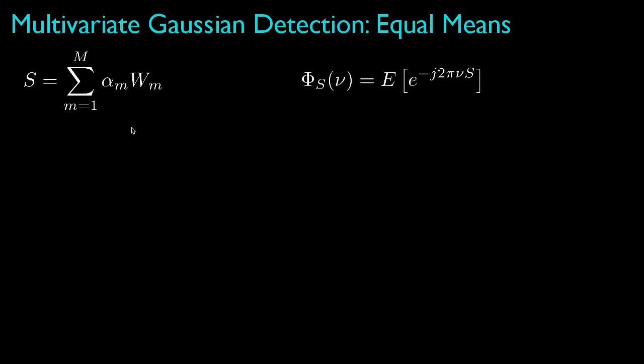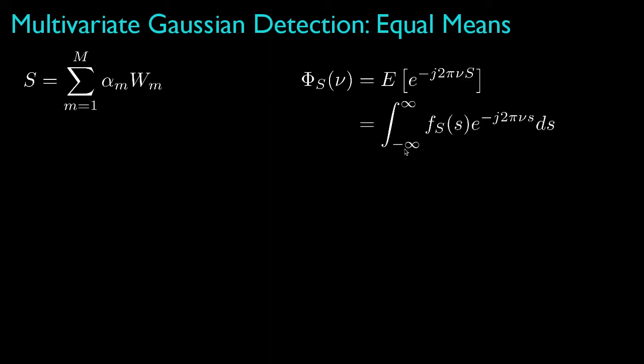Now, whereas finding the density directly is difficult, we can evaluate the characteristic function for the random variable s in a rather straightforward way, where the characteristic function is defined as the expected value of e raised to the negative j times 2 times pi times the random variable s and a parameter nu.